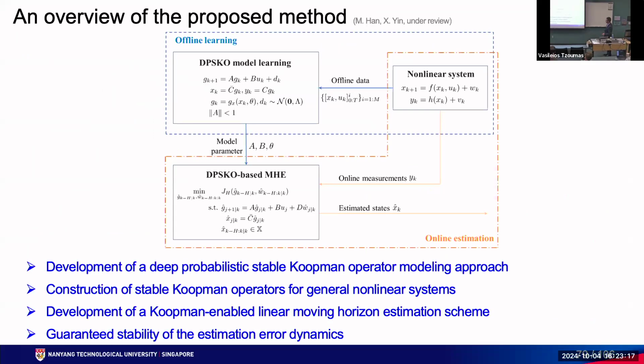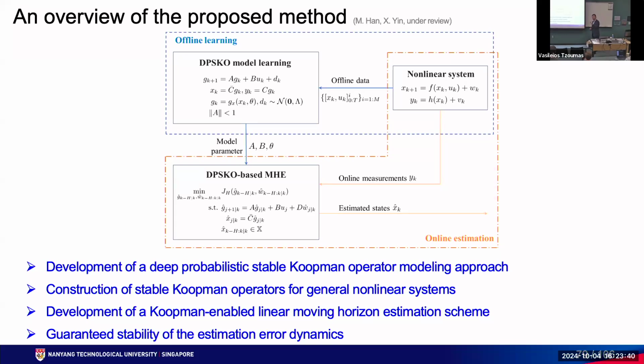This is another idea. I will just elaborate our main contribution because our systems are largely open loop stable systems. And as we have incorporated machine learning into Koopman modeling, we have the flexibility to specify the property of the AB matrices.